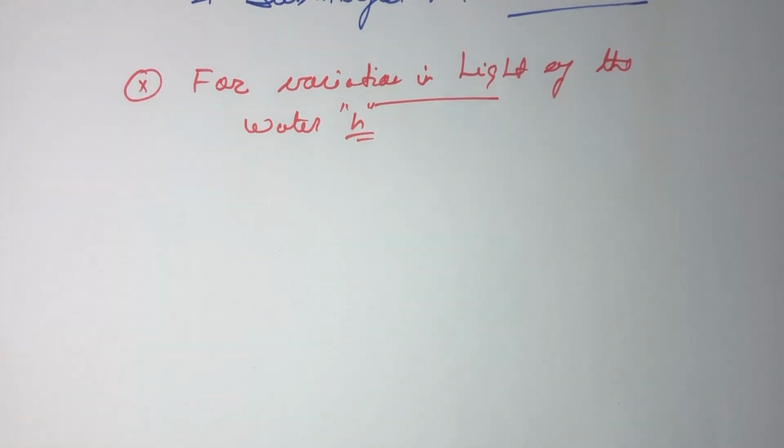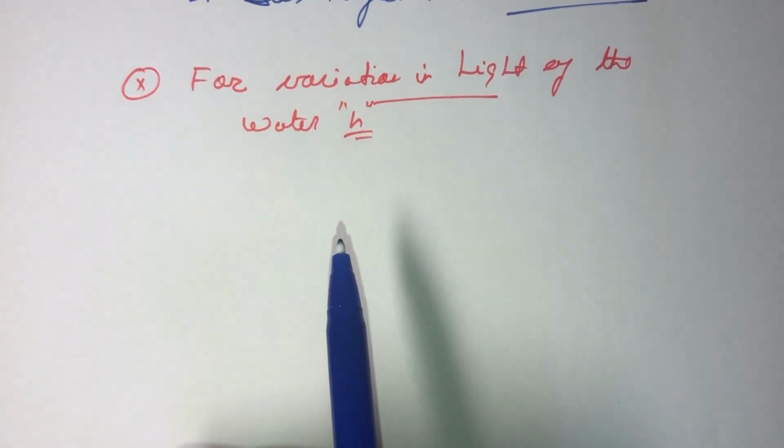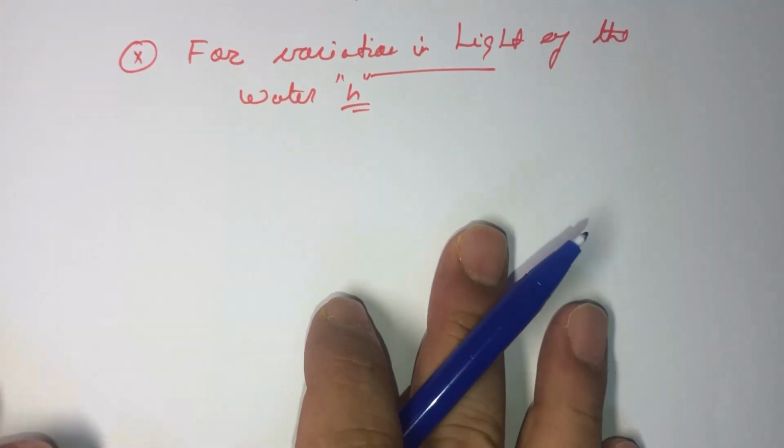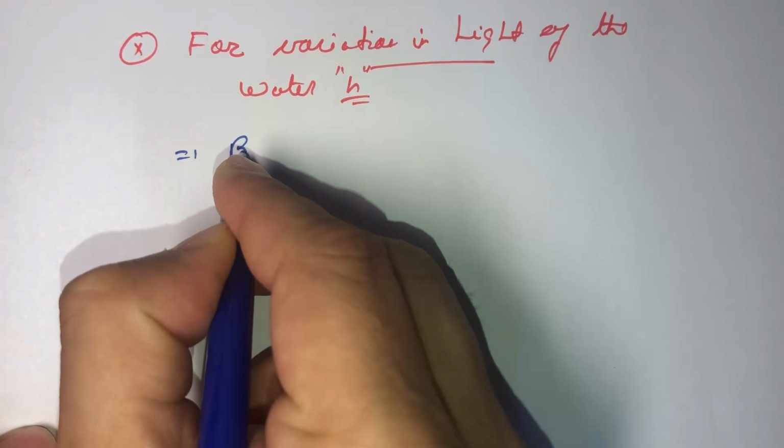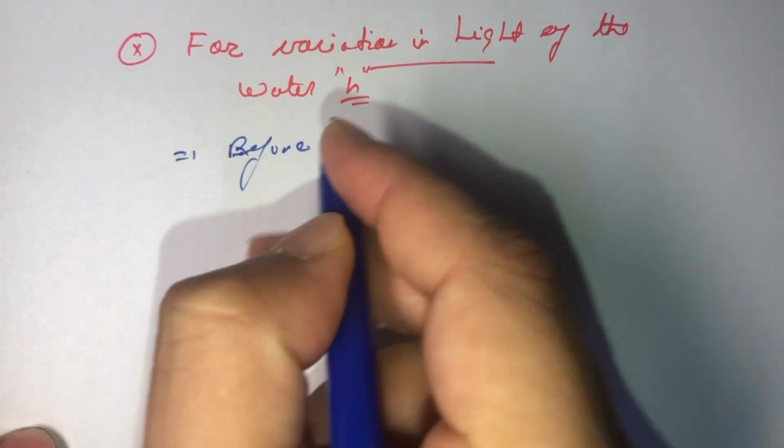Once again we are going to consider before the coin falls and after the coin falls and try to sort it out. So let us consider before the coin falls.